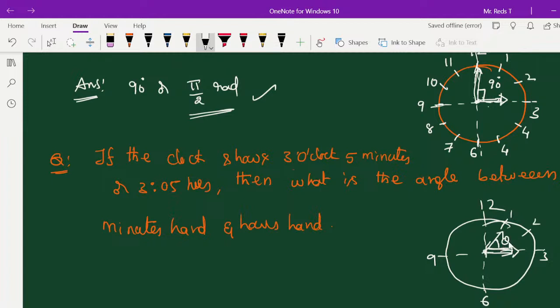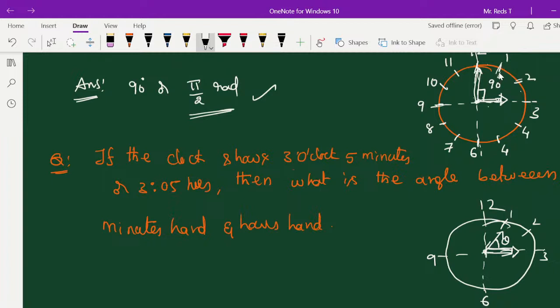Theta. You have to remember that in the previous case, the angle between the minute hand and hour hand is 90 degrees. But if you divide this into 3 parts, equally divided into 3 parts, then 90 by 3 is equal to 30.